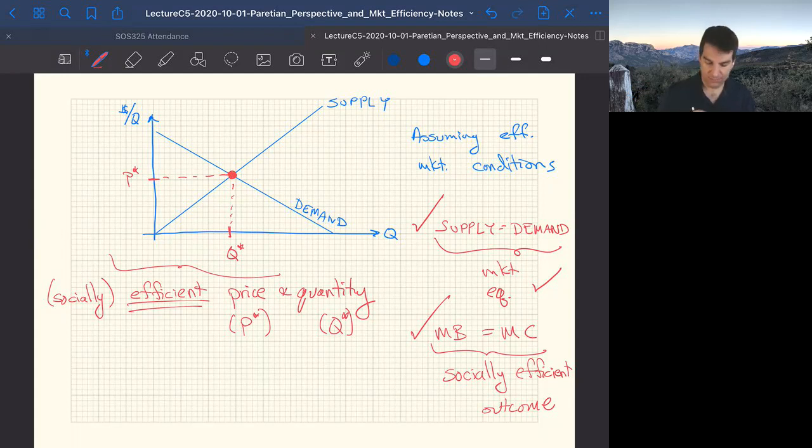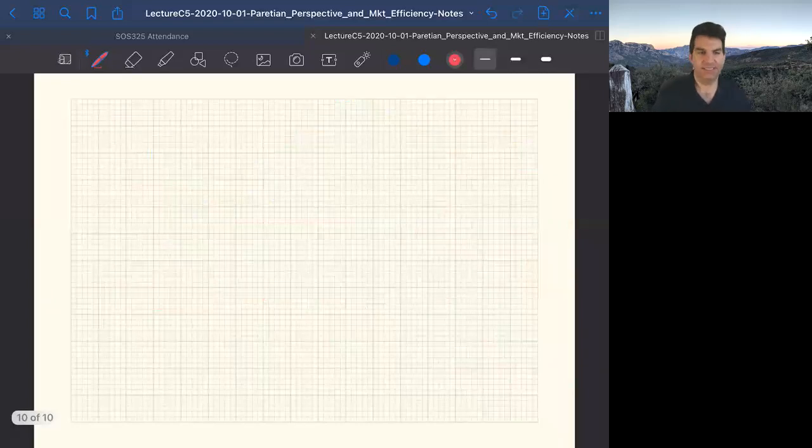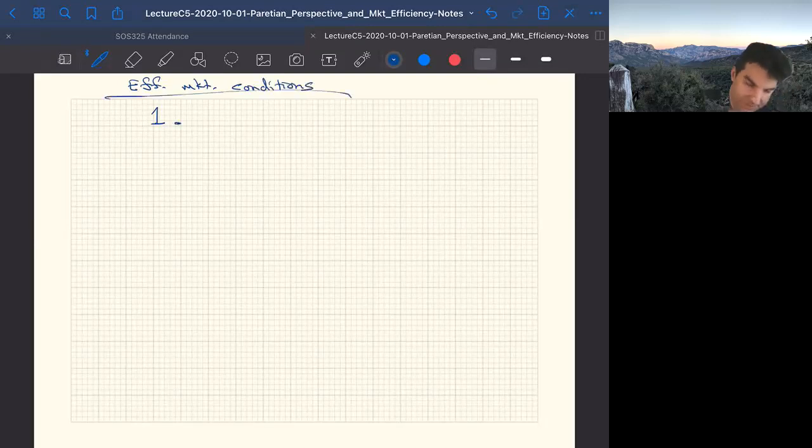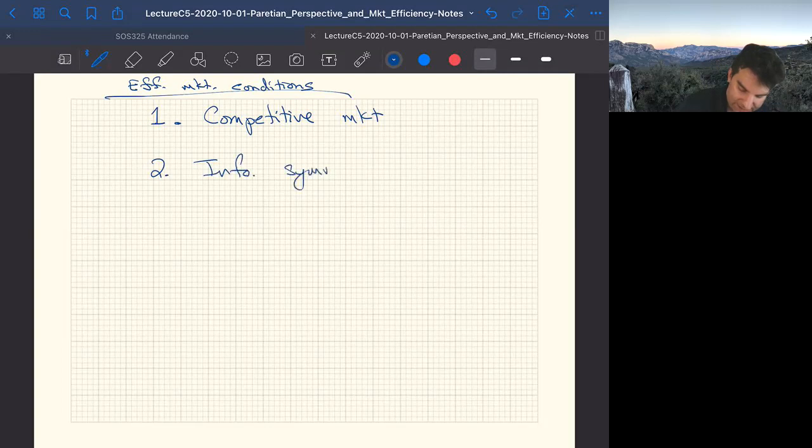So I want to end this lecture with a preview of that: what we're going to start with next time is the efficient market conditions. I'm just going to write them here: competitive market, information symmetry, and I'll explain all of these in detail next time, and then complete market.